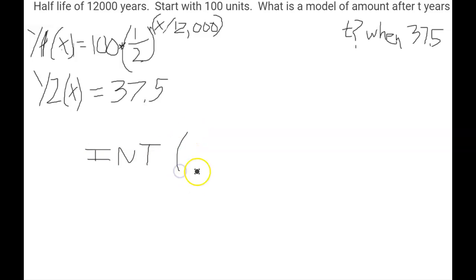And then what you do is you literally click somewhere to the left of where you see it. That'll be 12, 13, 14, 15,000, something like that. And then it asks you to click on something to the right, something greater than that, and then of course it's going to be less than 24,000 because it is less than two half-lives.